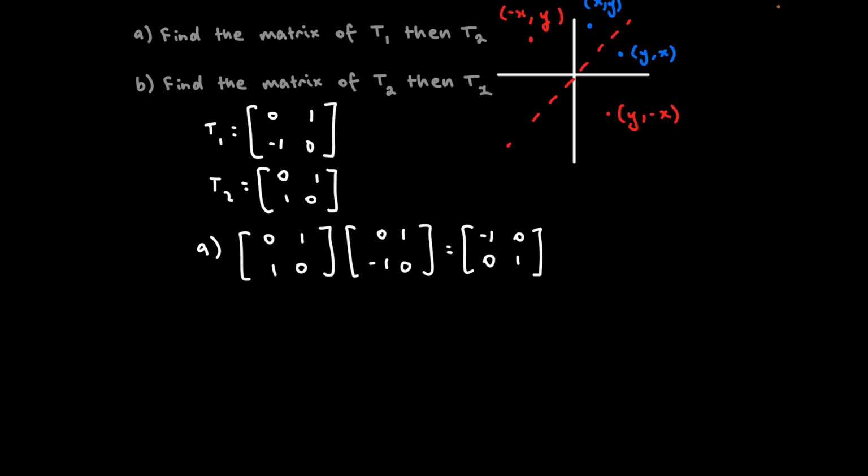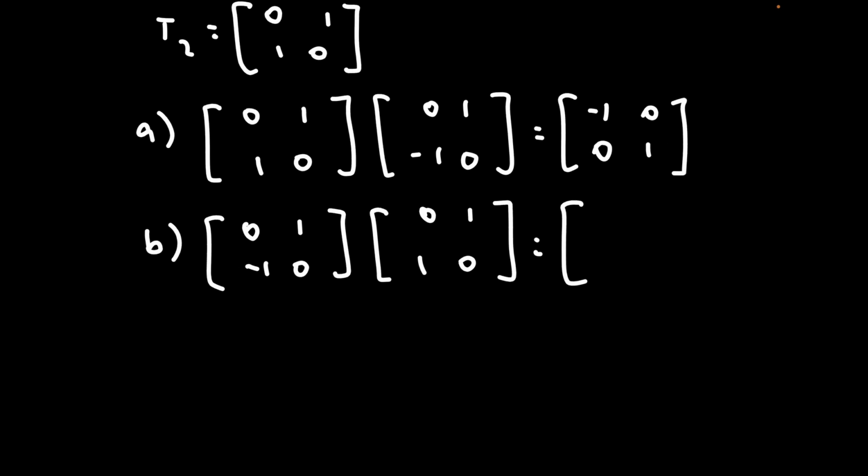So now let's do T2 times T1. It's just the opposite way around. So 0, 1, negative 1, 0 times 0, 1, 1, 0. In this case, we get 1, and then 0, and then 0, and then negative 1.